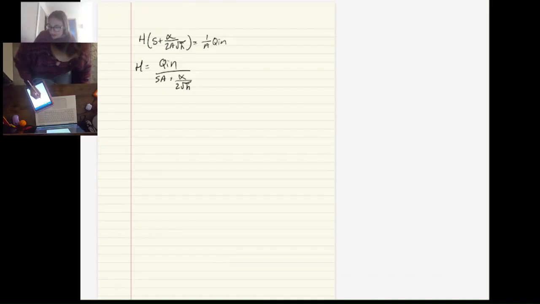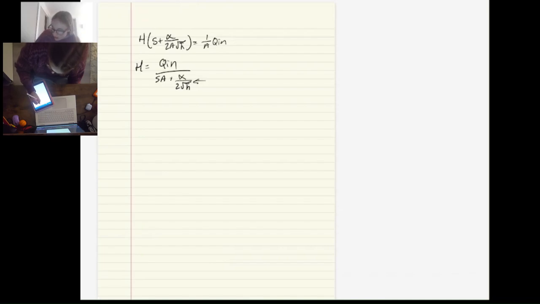Now, after this, what we want to do is divide by alpha divided by 2H bar, by every factor in this fraction, pretty much.